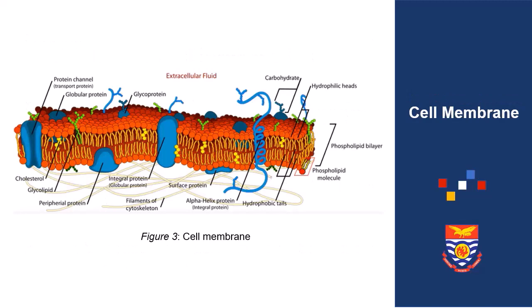Figure 3 shows a representative diagram of a cell membrane, whereby the bimolecular lipid layer is interspersed with protein molecules, and along it we also have the carbohydrate complex.